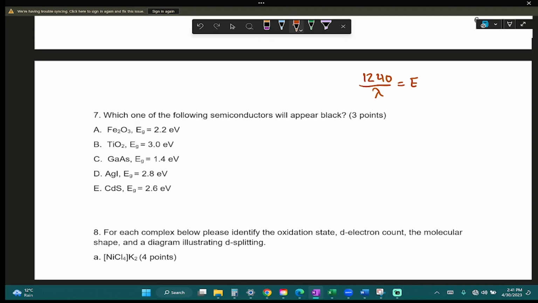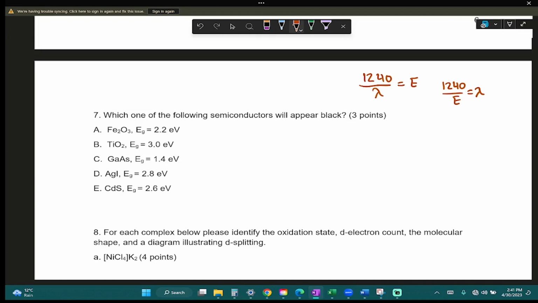So since they gave us energy and they want us to figure out what color it's appearing, we're going to figure out what color it absorbs and then work backwards from there, looking at its complementary and all the colors that are underneath that. So we're going to rearrange this formula a little bit: 1240 divided by our energy will give us the wavelength of the color absorbed. Again, that is not the color that it's going to appear, but it'll tell us what color it'll appear.